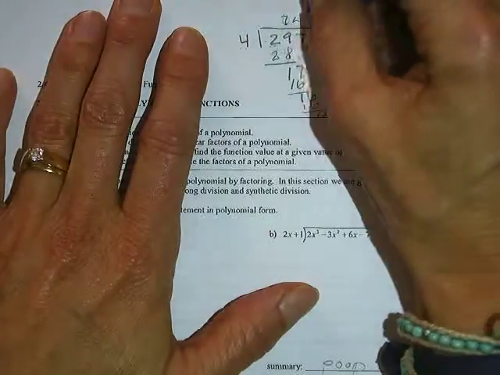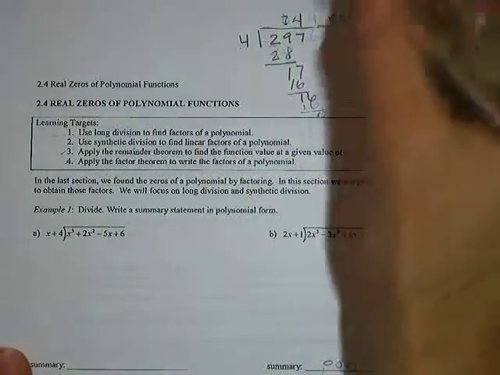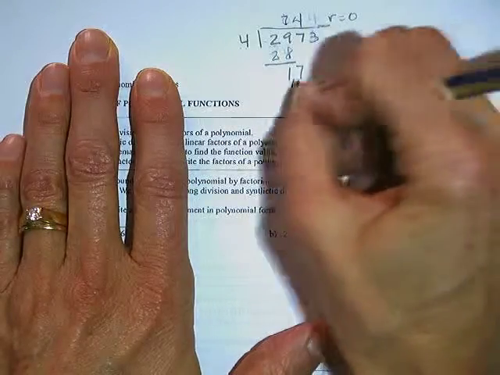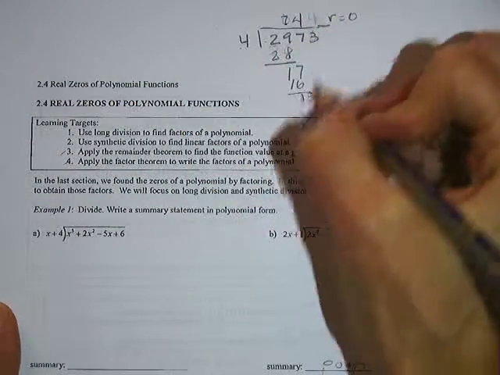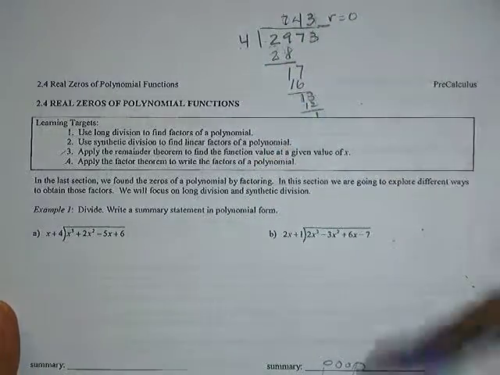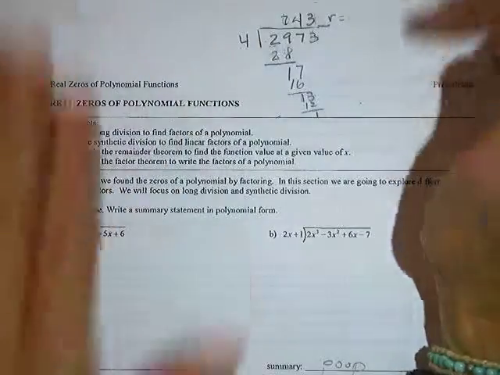Now, what happens if there's a remainder? Let's pretend like this is a 3 for the sake of the problem. Then this would be 13, and it goes in there. Now, you guys, there's 2 ways that we could write this.